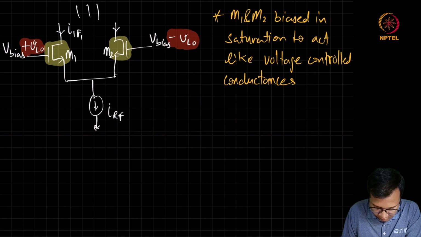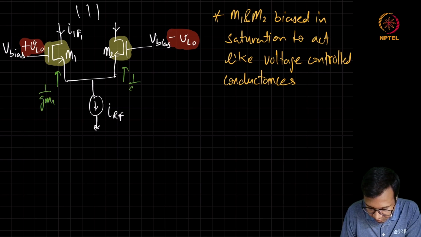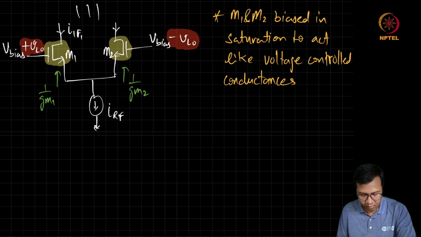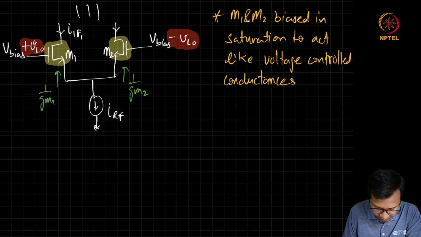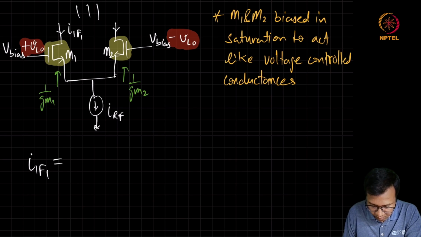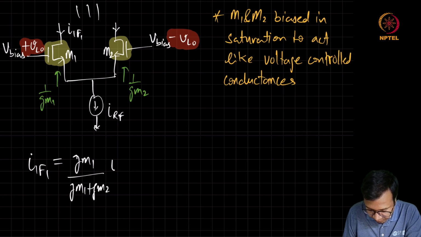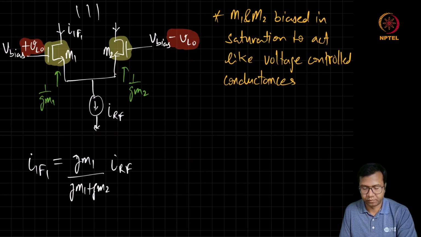We know that the looking-in impedance here is 1 by GM1. Here it is 1 by GM2. So to find out, IIF1 is going to be equal to GM1 divided by GM1 plus GM2 into IRF.